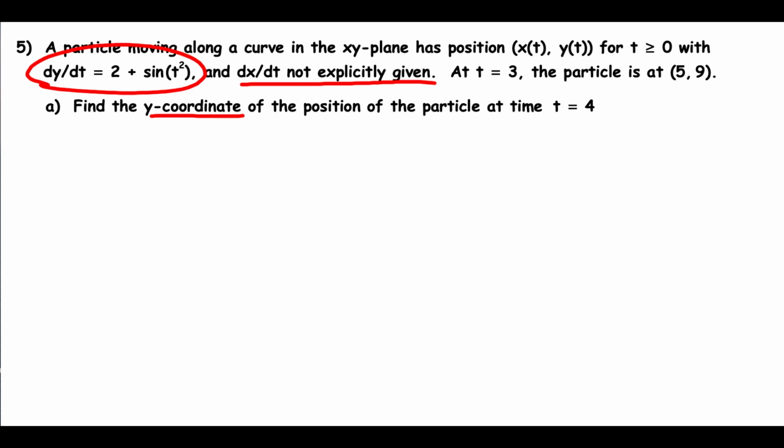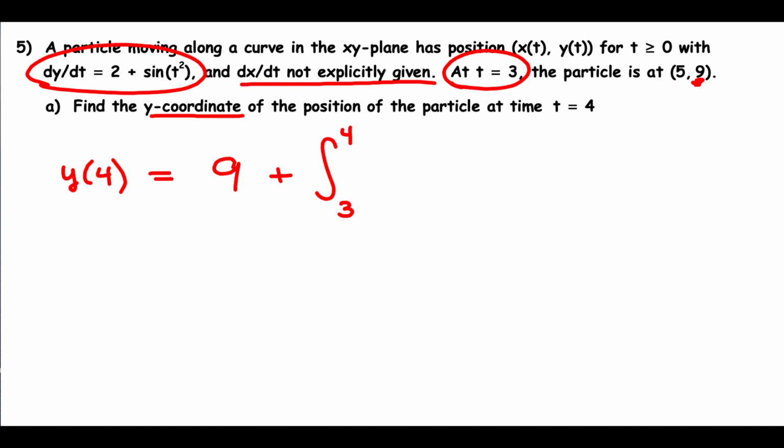First off, part A, let's get the y-coordinate at 4. That's y of 4. We know that at time t equals 3, the y-coordinate is this 9. So we're at 9 plus, and when we integrate, that will tell us how the particle has changed between 3 and 4.